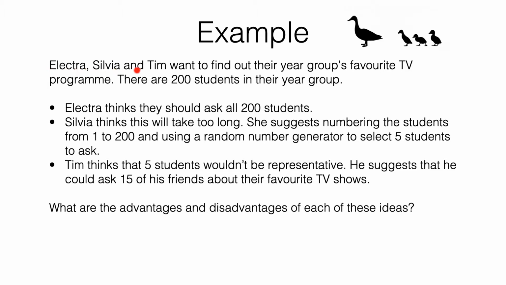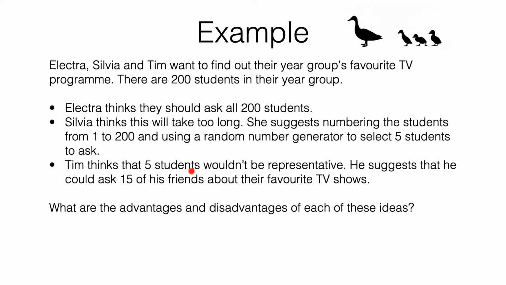Electra, Sylvia, and Tim want to find out their year group's favourite TV programme. There are 200 students in their year group. Electra thinks they should ask all 200 students what their favourite TV programme is. Sylvia thinks this will take too long. She suggests numbering the students from 1 to 200 and using a random number generator to select 5 students to ask.